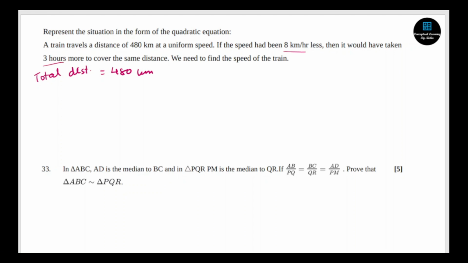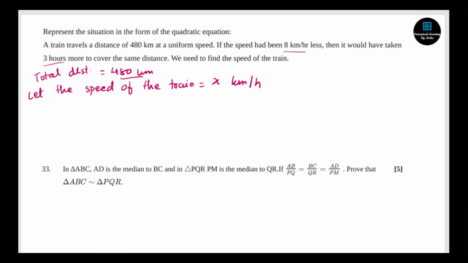So let the speed of the train equal x kilometers per hour.